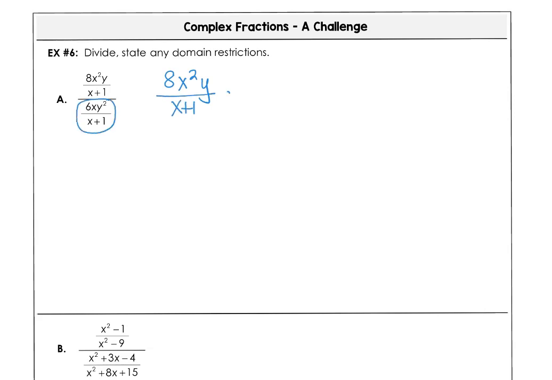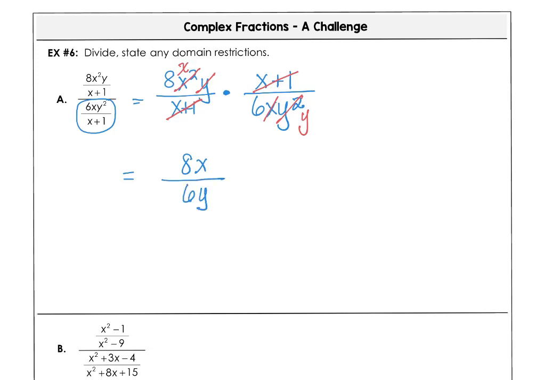And this fraction we're going to multiply by the reciprocal, x plus 1 divided by 6x y squared. So x plus 1 can be eliminated, and then we can take out 1x from the top and the bottom, and 1y from the top and the bottom, which is going to leave us with 8x in the numerator and 6y in the denominator.